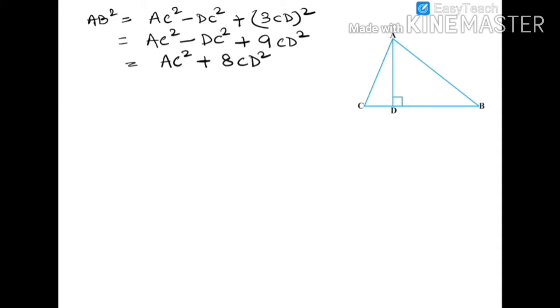So now we have got two terms of the equation that we have to show, that is AB and AC. Now we have to get rid of CD and get BC instead of it. So we are going to make use of the information that DB is 3 times CD.